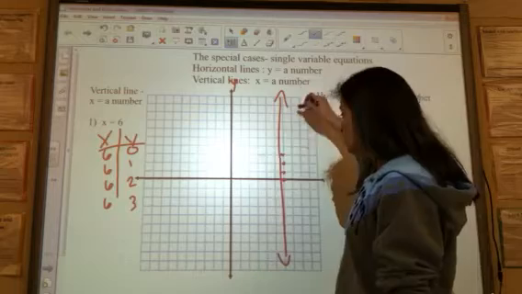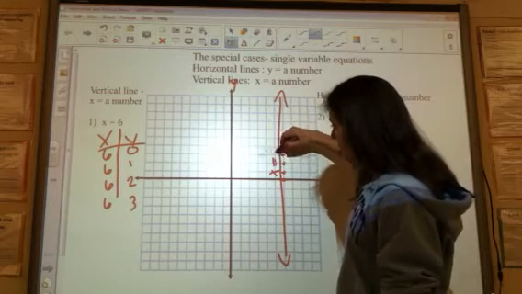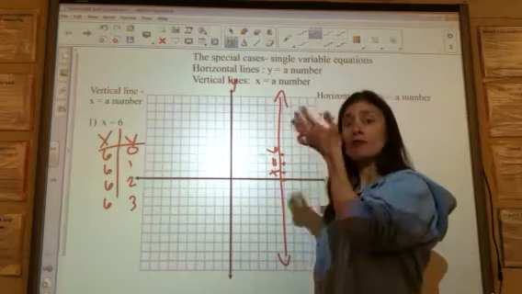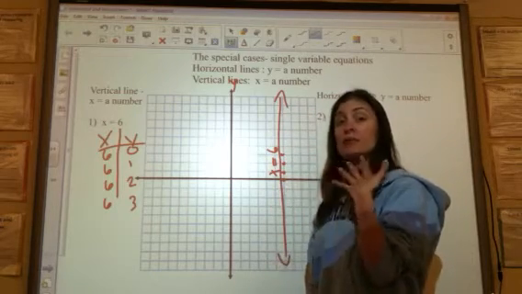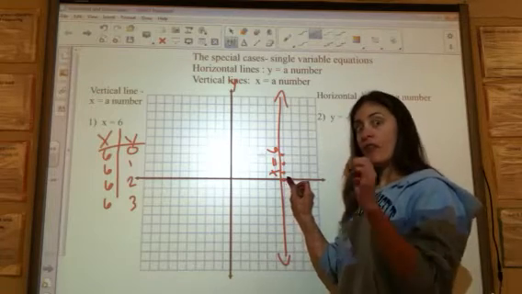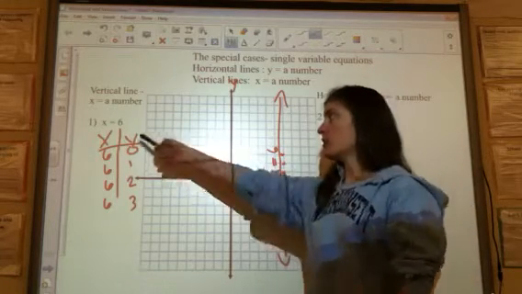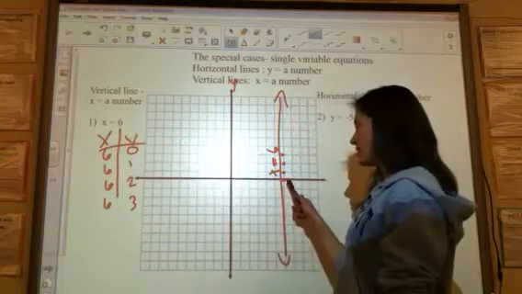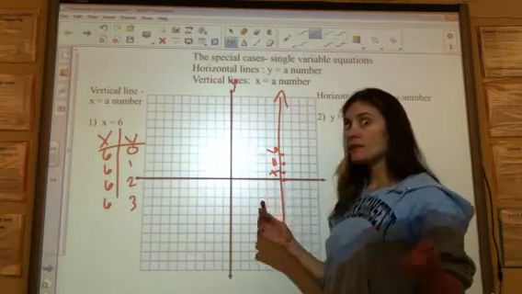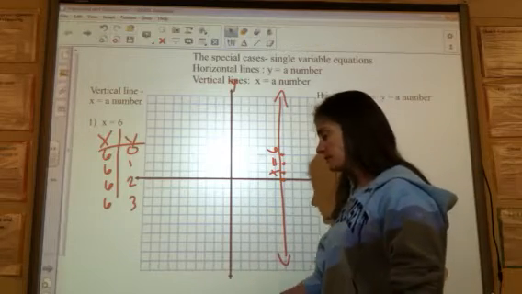You draw your line, you put arrows on it, and you label your line x equals 6. Every x equals some number is going to be a vertical line, and it's going to cross the x-axis at that number, comma 0. So in this case, it crosses the x-axis at (6, 0), because every x value has to have a coordinate of 6.